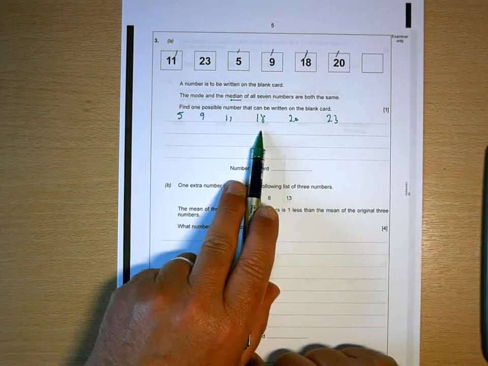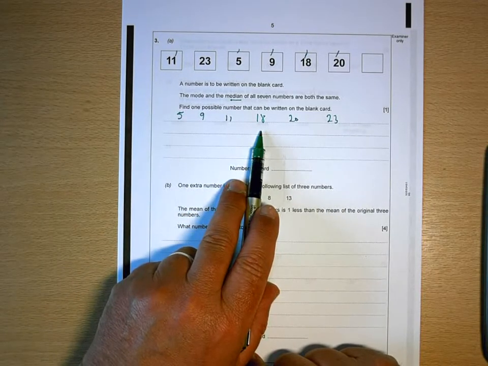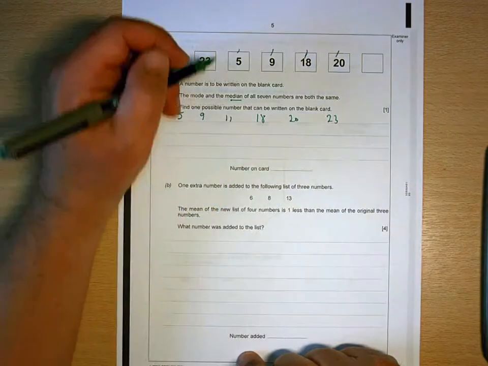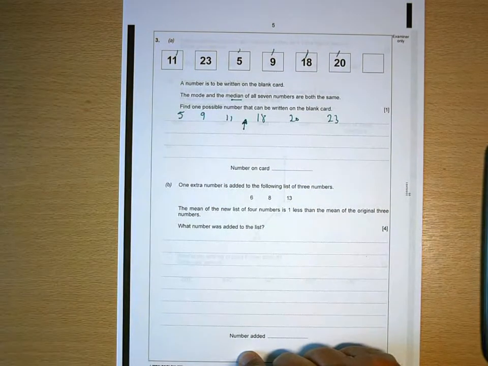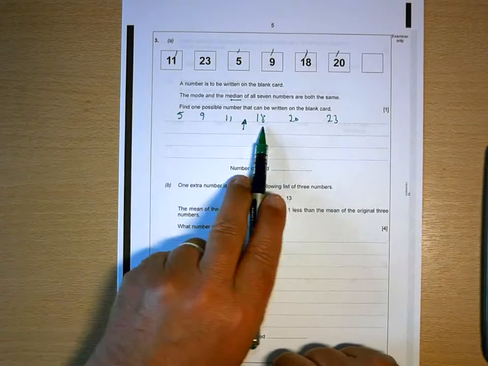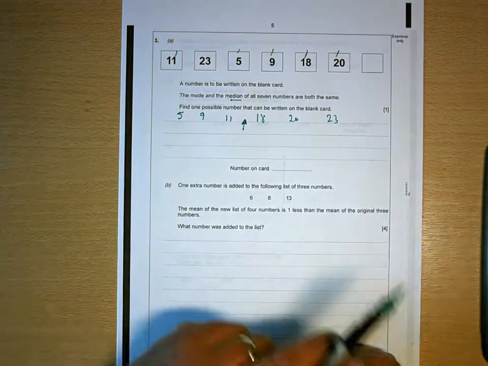Now, because there are an even number of cards, it means that the median is going to go in between those two, so that there'd be 3 numbers that side, 3 numbers that side.